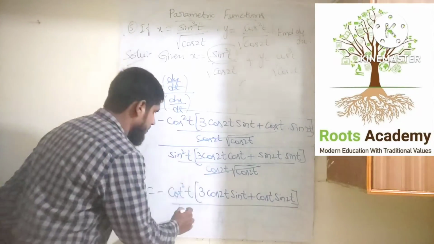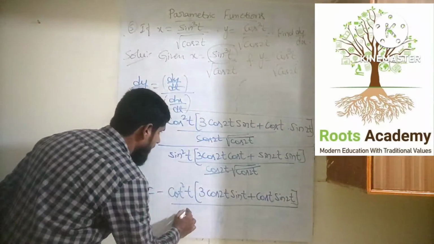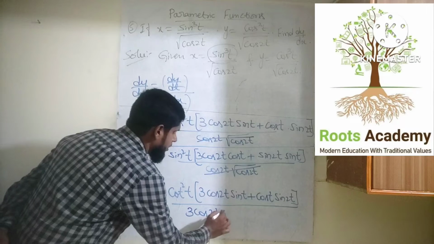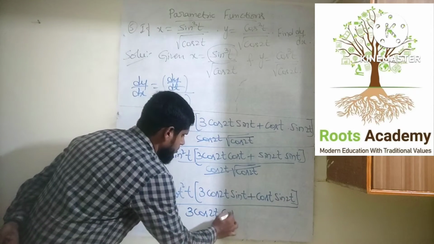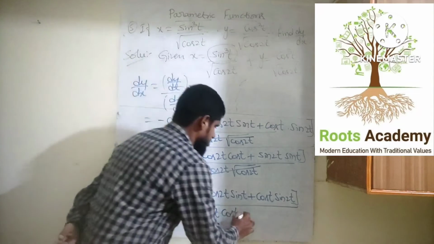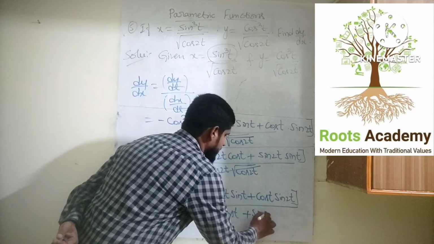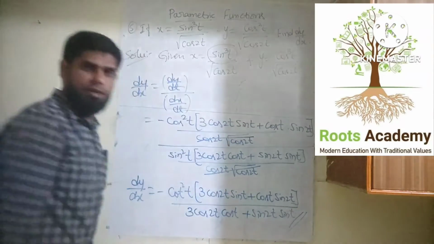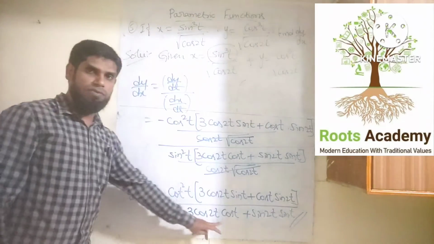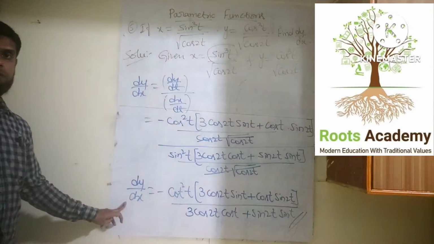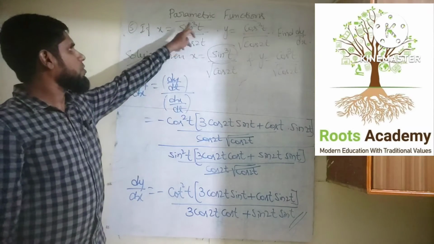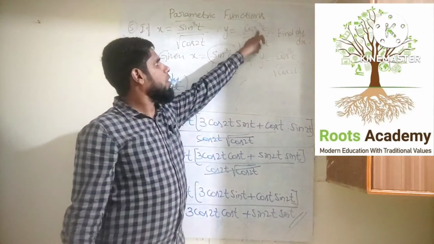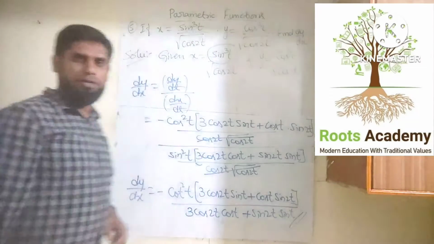Or simply I will write inside the bracket the elements: 3 cos 2t into cos t plus sin 2t into sin t. And this is the final value of dy by dx, whose functions are x equal to sin cube t divided by root of cos 2t and y equal to cos cube t divided by root of cos 2t.